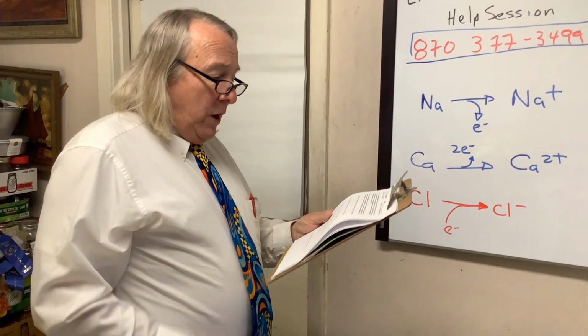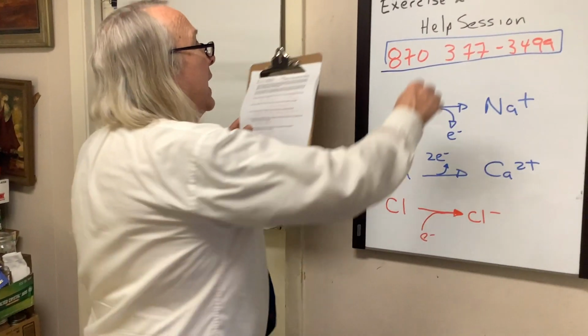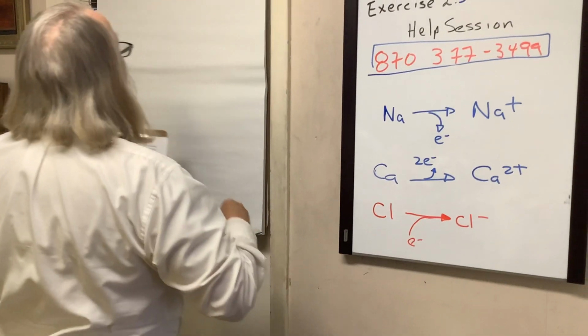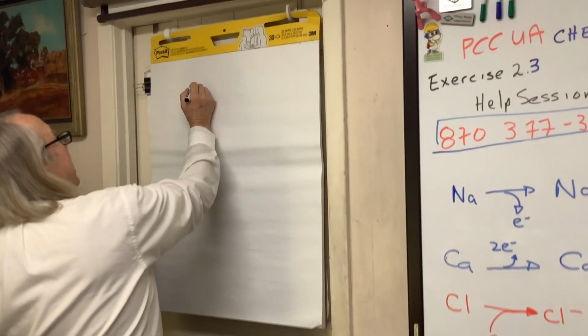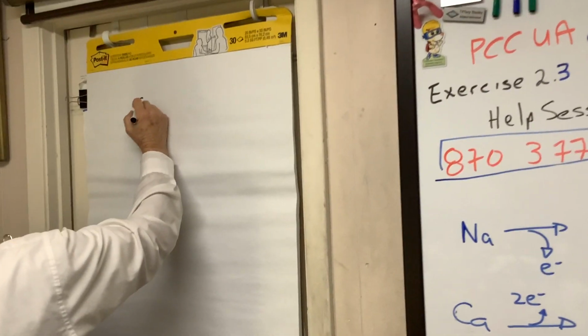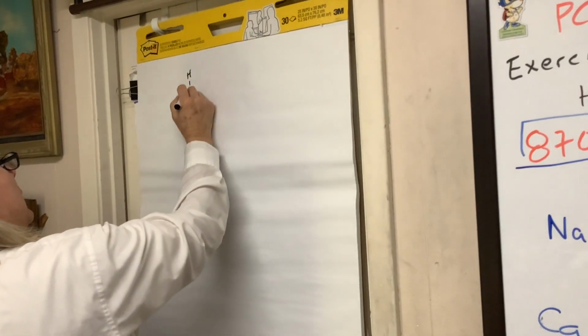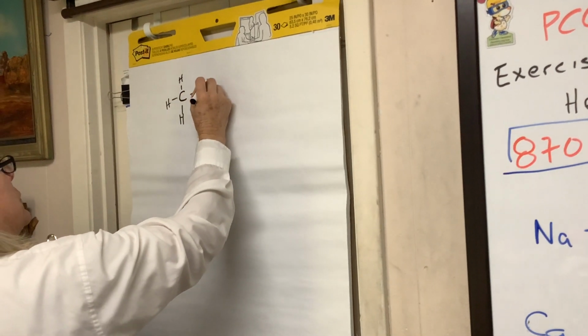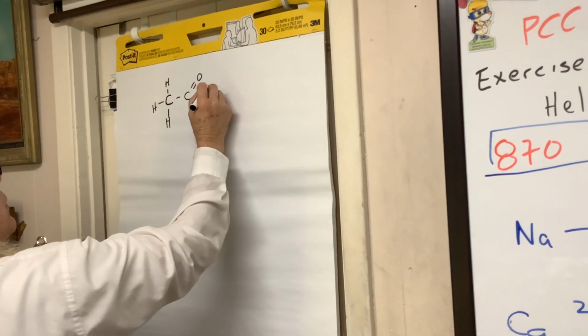What's the advantage of writing a structural formula as a condensed formula? And I'll do it, for example, for acetic acid, which has this structural formula: CH3C double bond O OH.